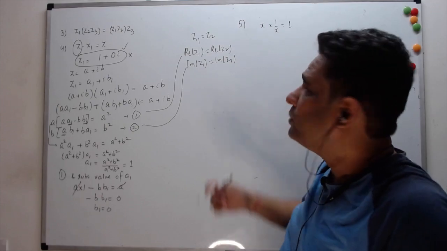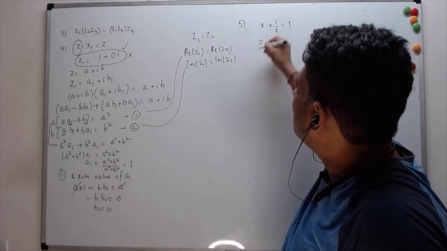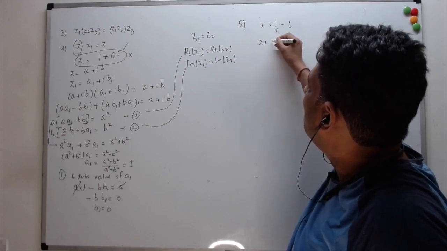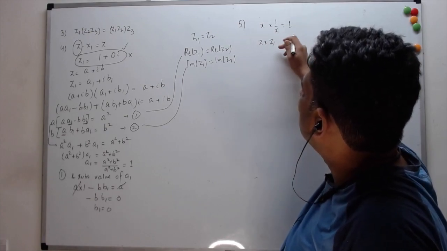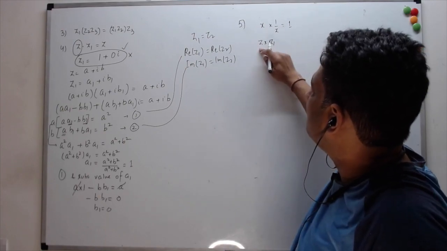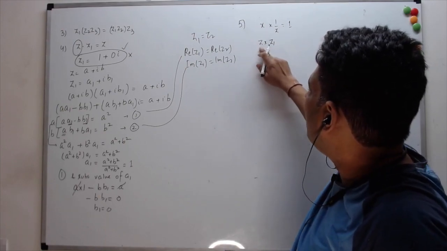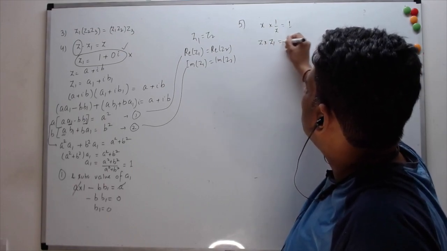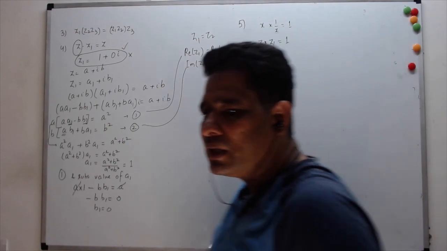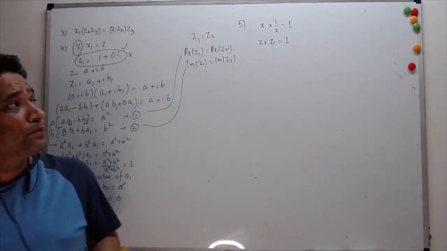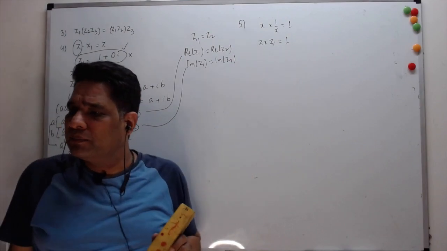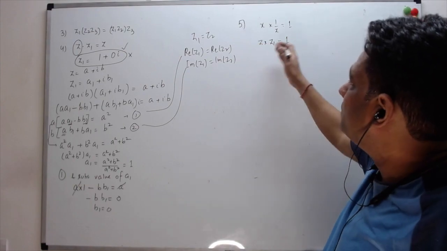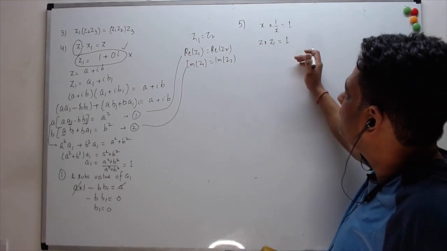Same way, in the case of complex numbers, for every complex number z, there must be some complex number z1, and I'm not going to write it like 1 over z yet. I'm just simply writing it as a product. So the product of the two should give you a value 1. That is what a multiplicative inverse should be.